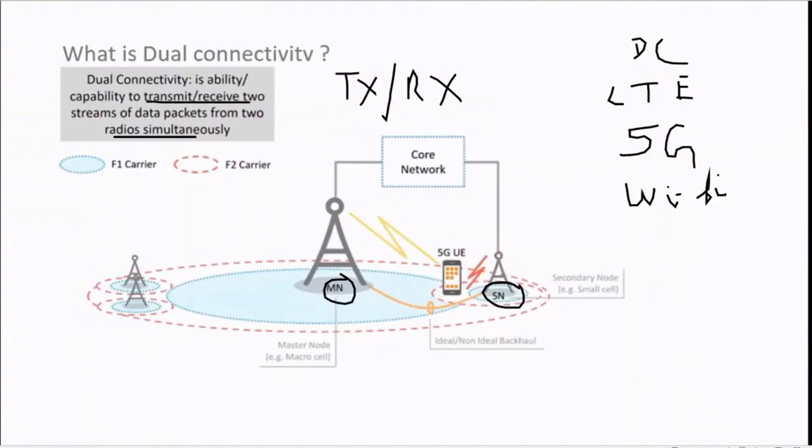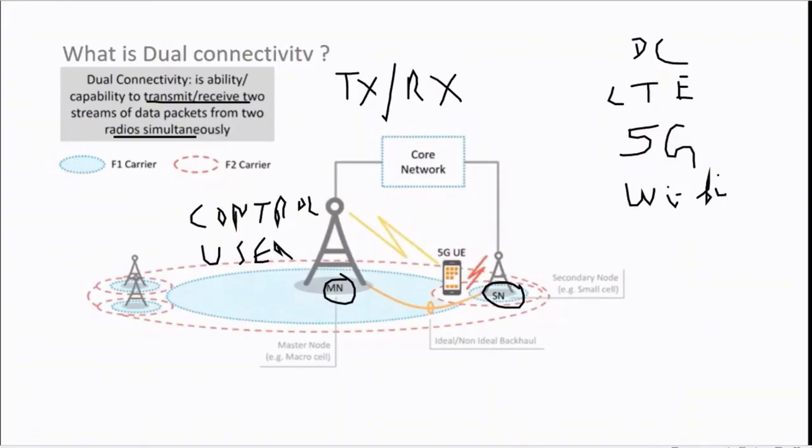So what's the difference between the master node and the secondary node? This is called the master node. Why is it called the master node? In telecom, you have heard of two planes: one is the control plane and the second one is the user plane. It is called the master node because this MN controls the control plane as well as the user plane. So it has user plane signaling and control plane signaling, both.